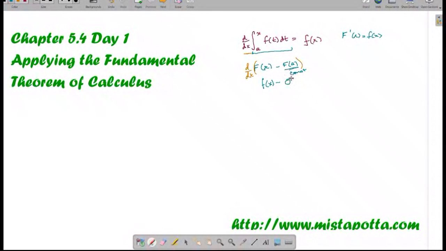So what happens here is that this expression ends up being very simple to solve. If I know what this function is in terms of t, all that I need to do is substitute x in for this independent variable, and that's my answer.